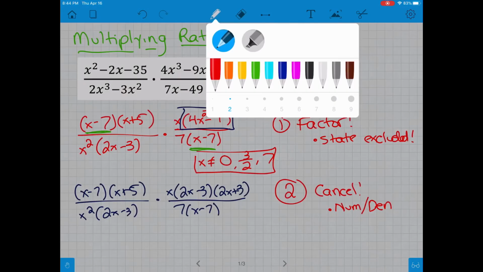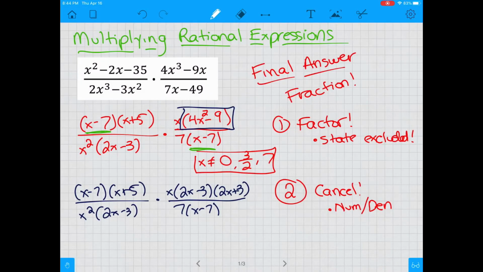So, for example, let's do this in pink. This x minus 7 can cancel with the x minus 7 in the first fraction. So as long as you have the same factor in a numerator and a denominator, they can cancel out. They don't have to be within the same fraction, as long as one's on the top and one's on the bottom. In addition, this 2x minus 3 can cancel with that 2x minus 3.